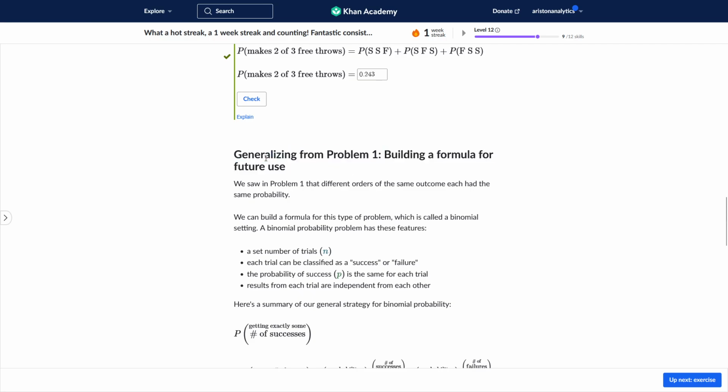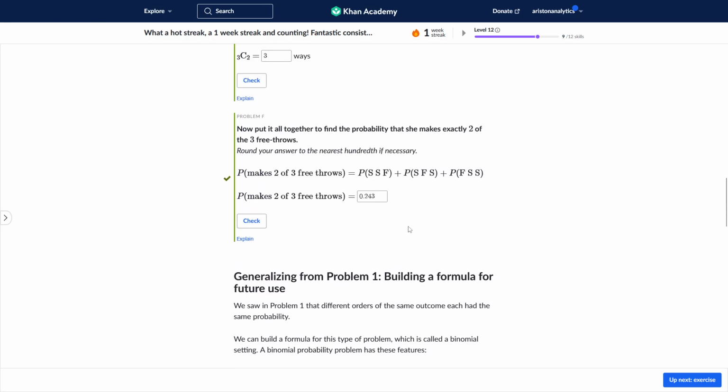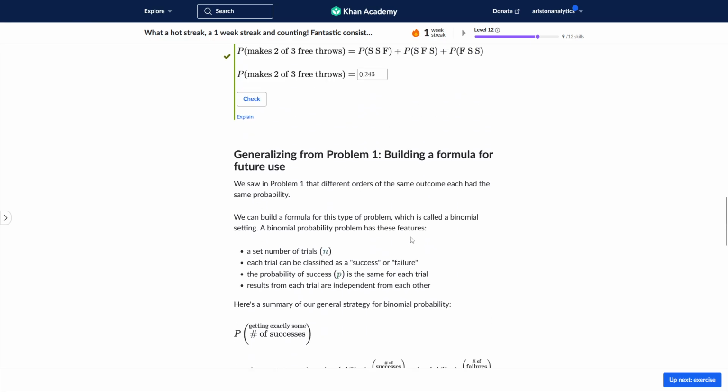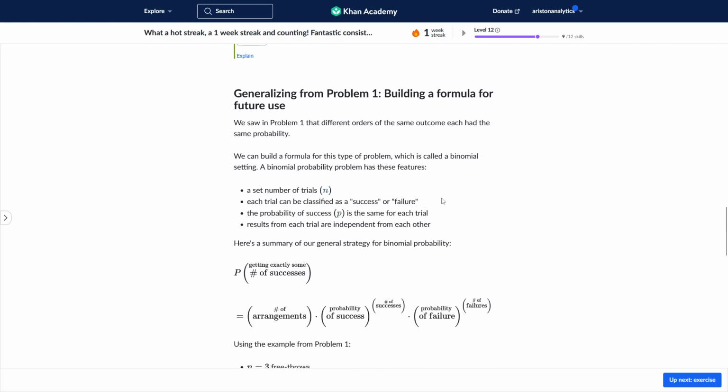Then this is asking us to recreate what Sal was trying to teach us in that other video. You can build a formula for this type of problem, which is called a binomial setting.